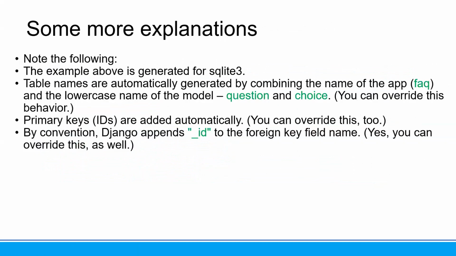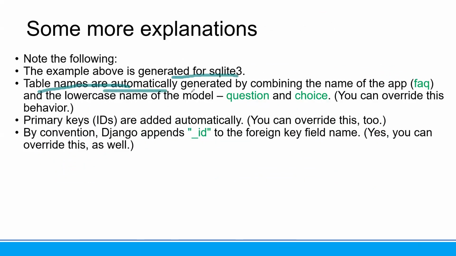Some more explanation is like this. The example that we used before is generated for SQLite 3. So what I explain now is for SQLite 3. The idea will be different with other databases. For example, the table's name.